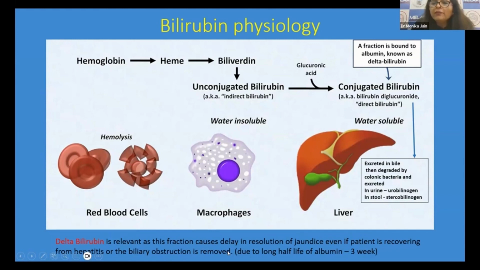Suppose a patient has a biliary stricture, we have put in a biliary stent, and the bilirubin is not coming down. That can cause panic about why the stent is not functioning or why it is not coming down. Then we can explain that delta bilirubin is the fraction which can still give a reading of raised bilirubin even if the obstruction has been removed.